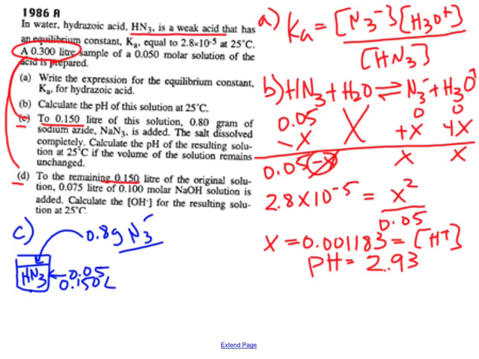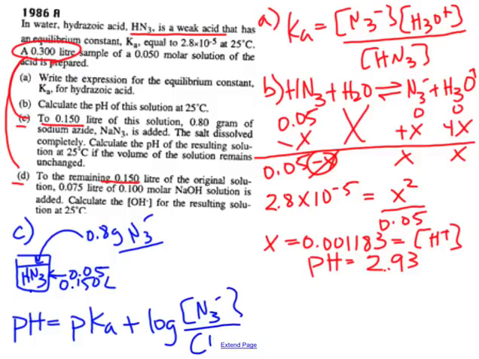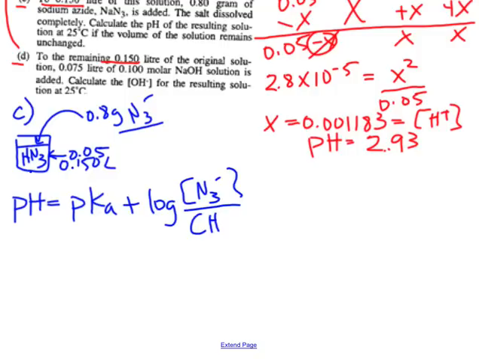So if I'm going to figure out the pH of a buffer, I need Henderson-Hasselbalch, right? pH equals pKa plus the log of the concentration of the ion over the concentration of the acid, HN3. Correct? Correct. All right. So now I know the concentration of the acid because it's my original concentration of 0.05.